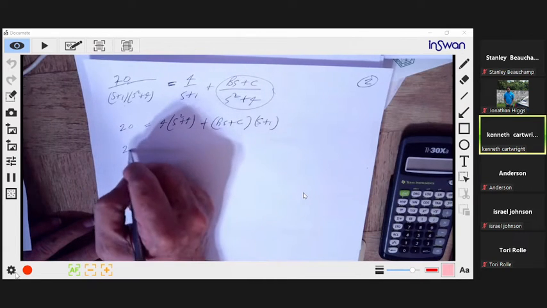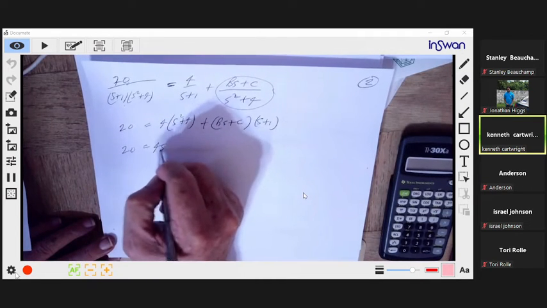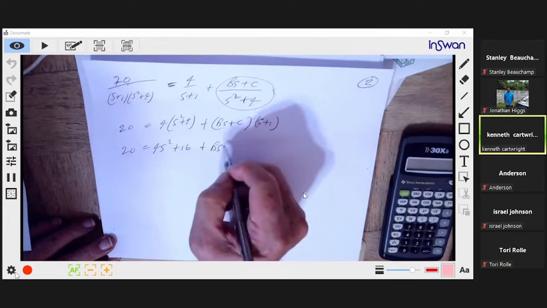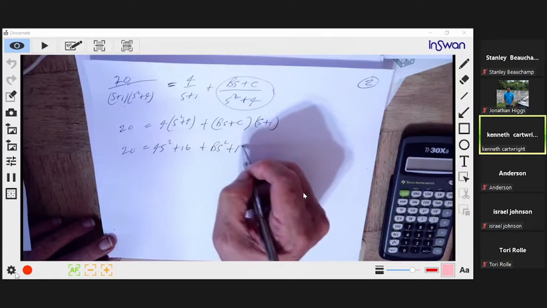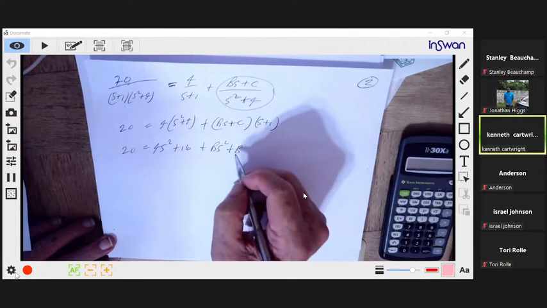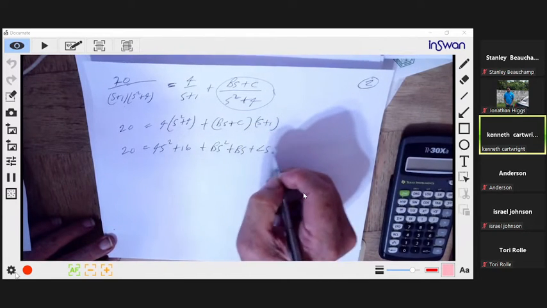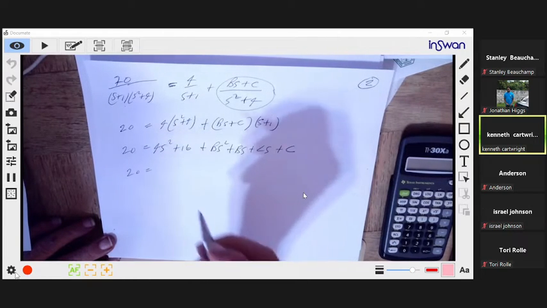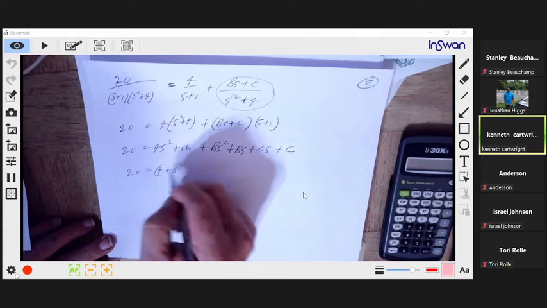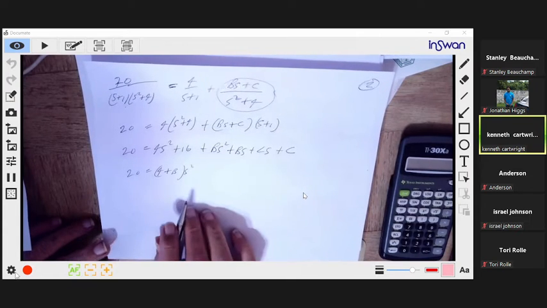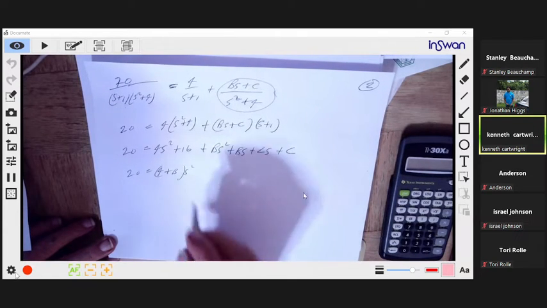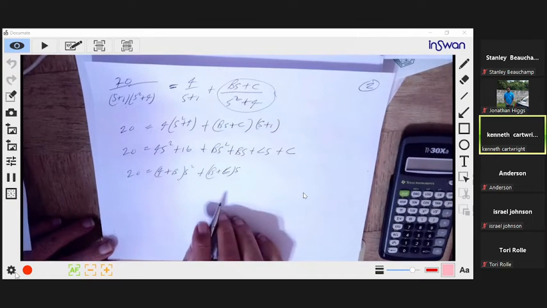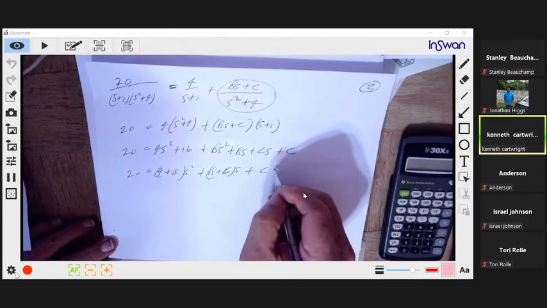So that becomes 20 equals 4S squared plus 16 plus BS squared plus BS plus CS plus C. 20 equals (4 plus B) S squared plus (B plus C) S plus (C plus 16).